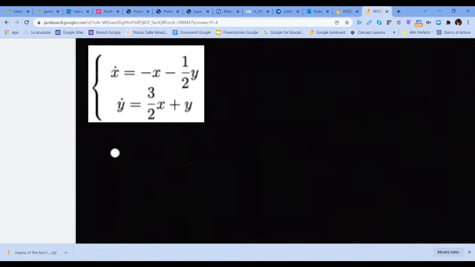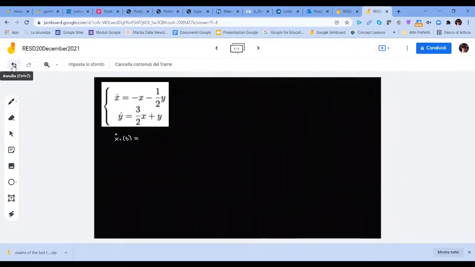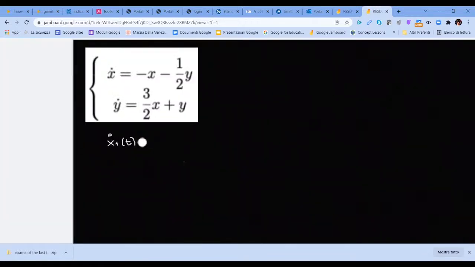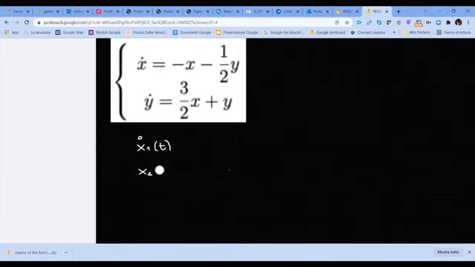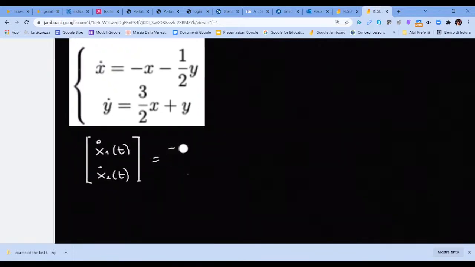So we can continue by writing x1 dot of t equals, and then we write the matrix, or maybe we can write the vector like before, x2 of t. Okay, and this is the matrix A. This is minus 1, minus 1/2, and 3/2, 1.